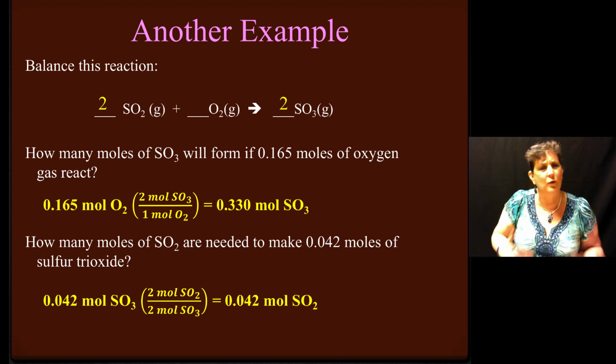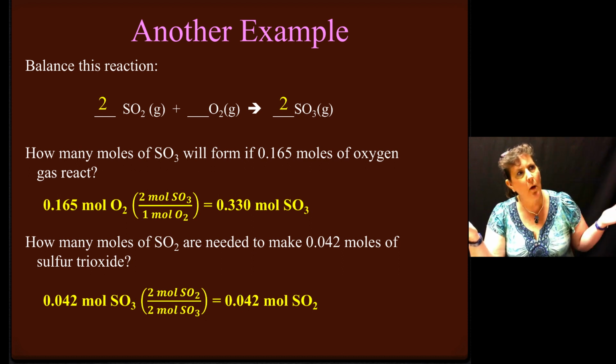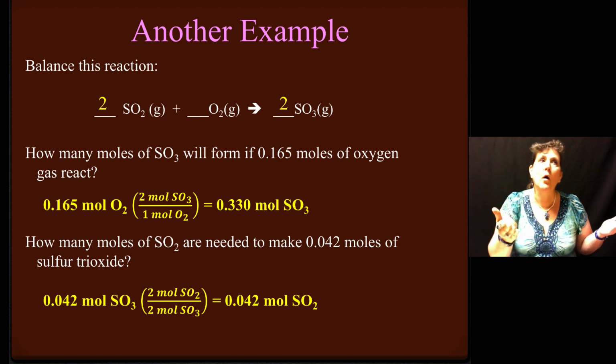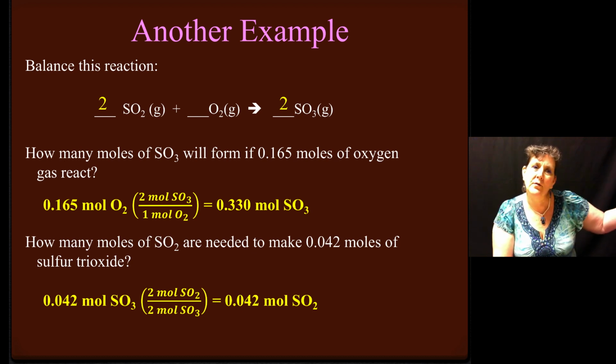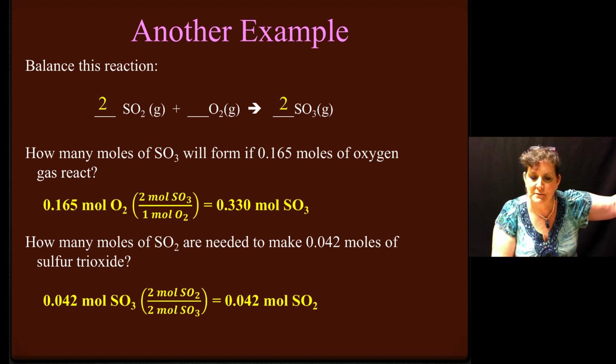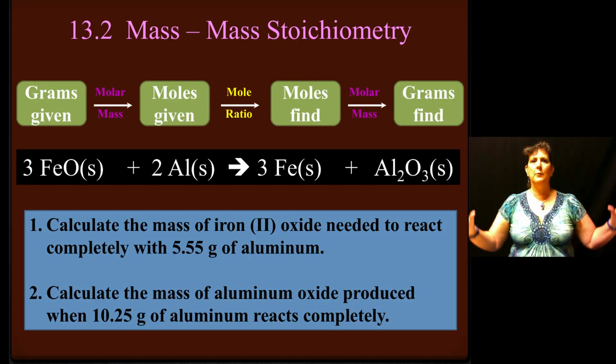So we're going to start with grams. Well, if we're starting with grams, but we need to do a mole ratio, how's that going to work? We need to go from grams to moles first. Then once we're in moles, we can do our mole ratio, and we can get the moles and convert back to grams. So that's going to be the whole stoichiometry problem.